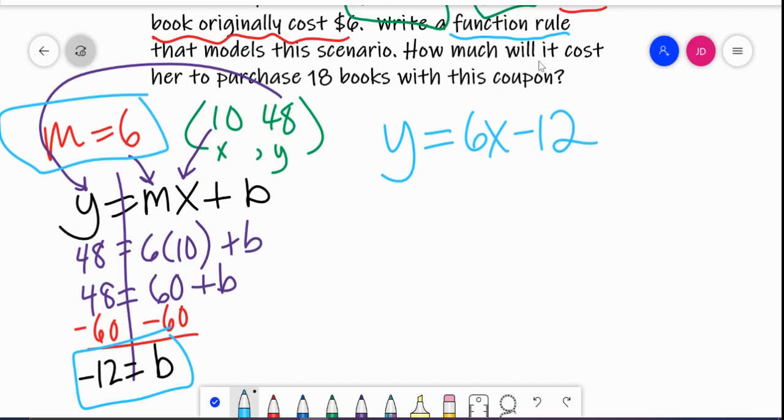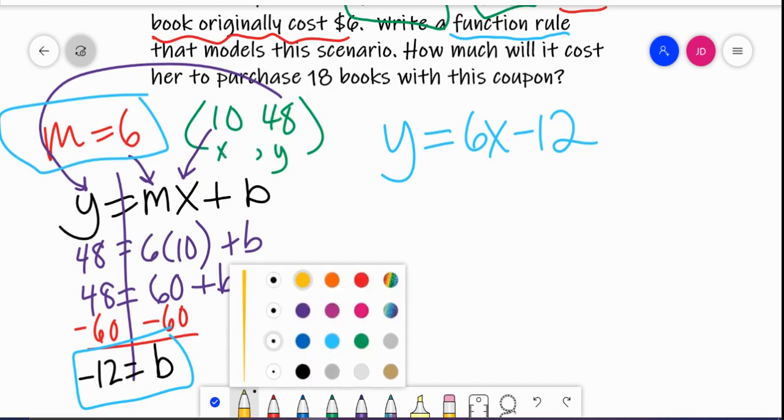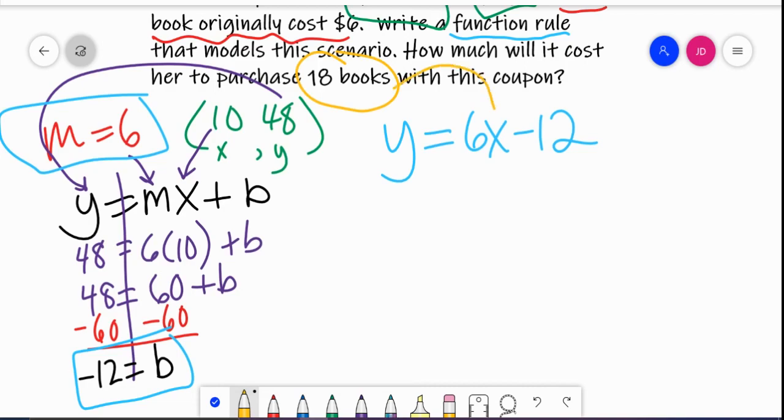Now I want to find how much it'll cost her to purchase 18 books. Remember, the number of books, like in this problem, was my x. So 18 is going to go in for our x in our function rule. So we have y equals 6 times 18 minus 12.